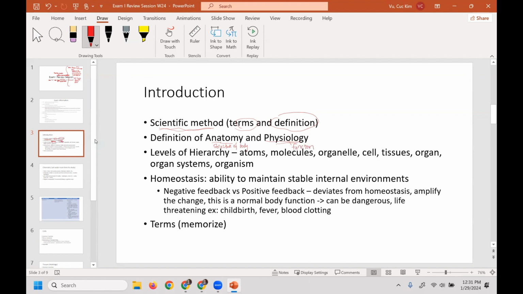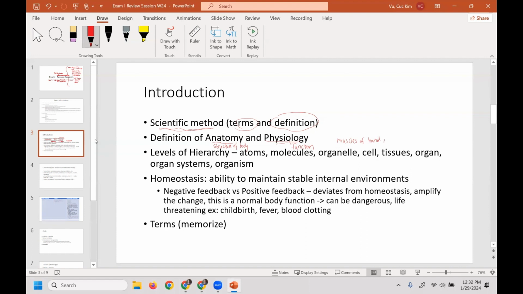Okay, so let's say you were studying the muscles of the hand, what would that be an example of? Anatomy. Perfect.